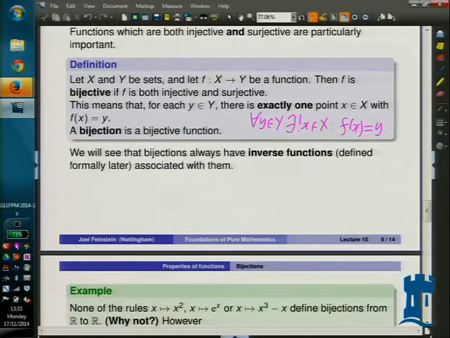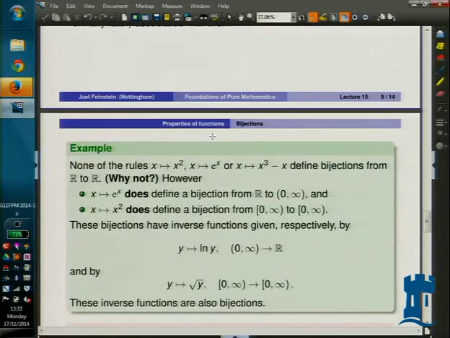Let's see what we've got here. As functions from R to R, these functions here are not bijections. It says why not? Well, I'll tell you. X goes to x squared has two problems.